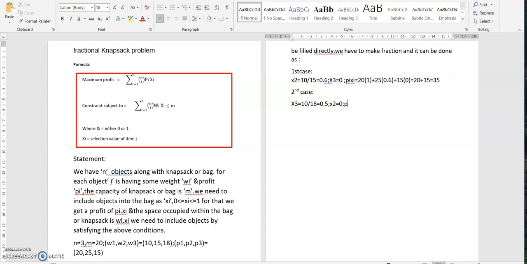Now we need to find Pixi. Pixi equal to P1x1, that means 20 into 1, plus 25 into 0 because x2 is 0, plus 15 into 0.5. Then we will get 27.5. Okay, this is the profit here.